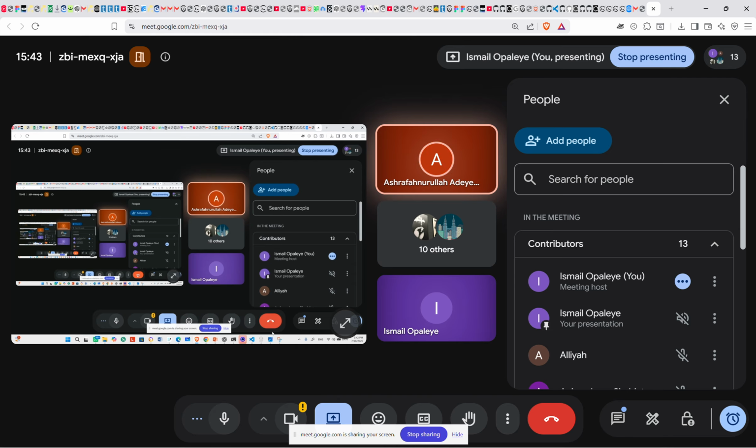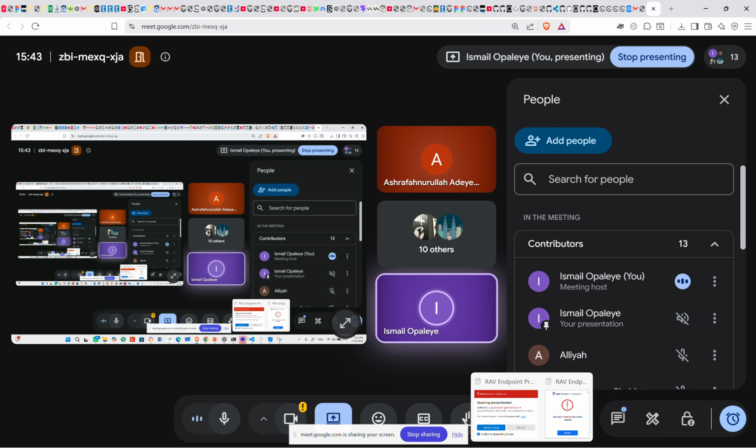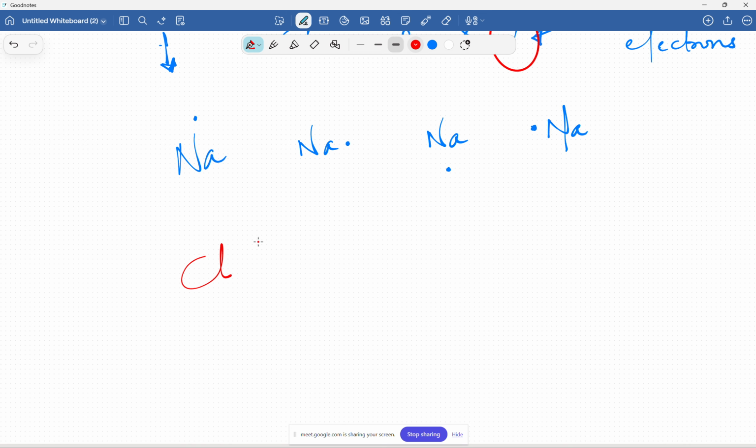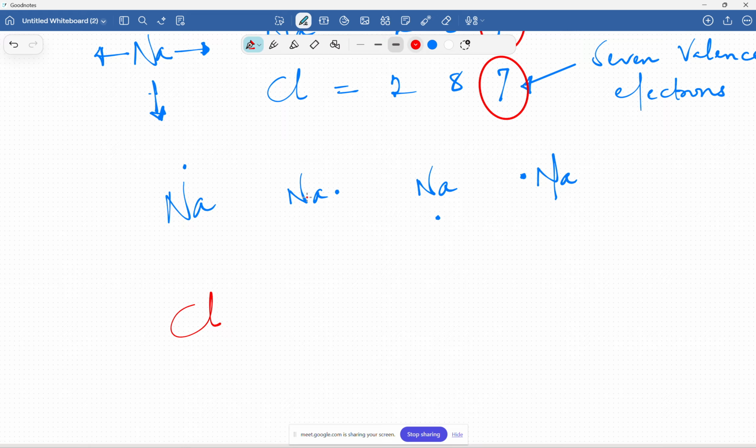Okay. So I mentioned something: if I'm to draw the Lewis structure for chlorine, how many valence electrons do we think will be around this chlorine atom here? According to what I've explained. 7. Thank you. So the seven, you fill it one by one.